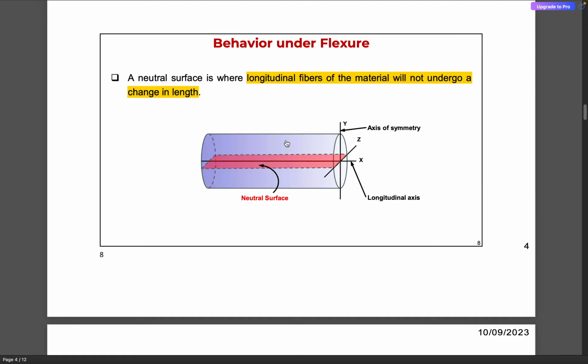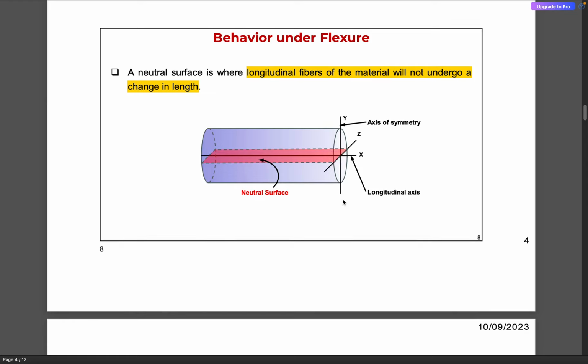Depending on the type of bending moment applied, for example a sagging bending moment, that is, if we bend in this fashion in the pattern of a U, then the top fibers undergo shortening and the bottom fibers undergo elongation. The neutral axis is nothing but the intersection between the neutral surface and the transverse cross section. We are going to learn more about this concept in the form of problems and numericals.